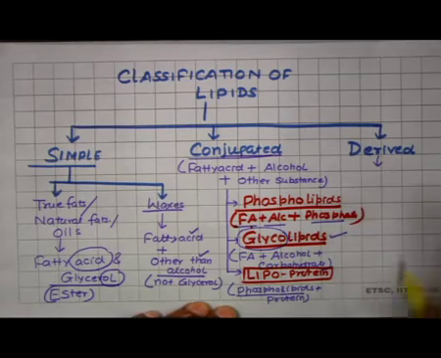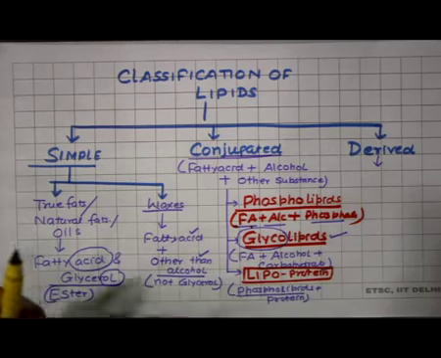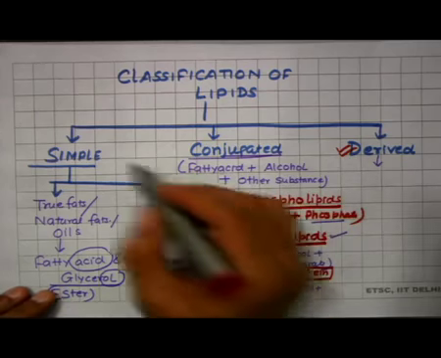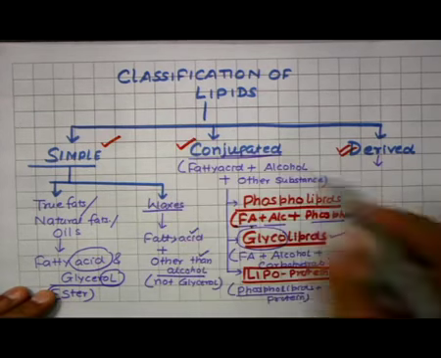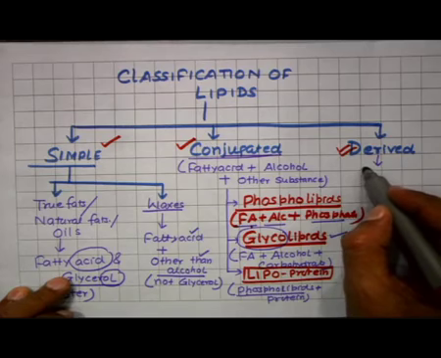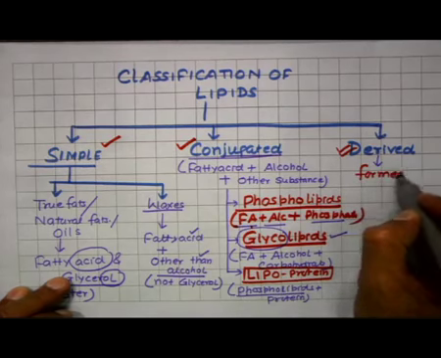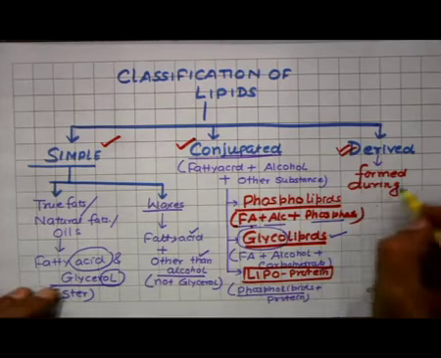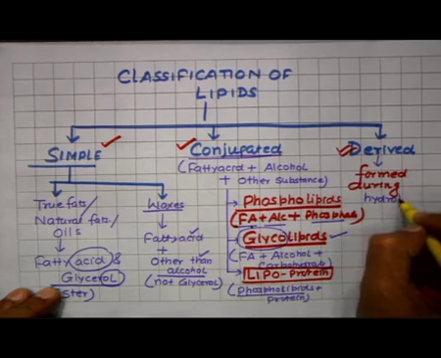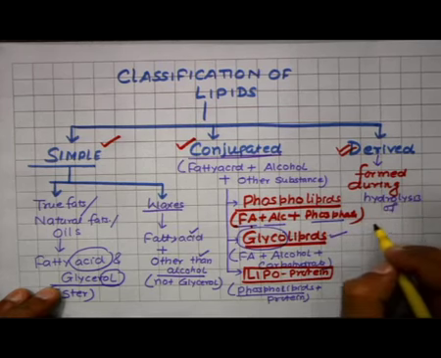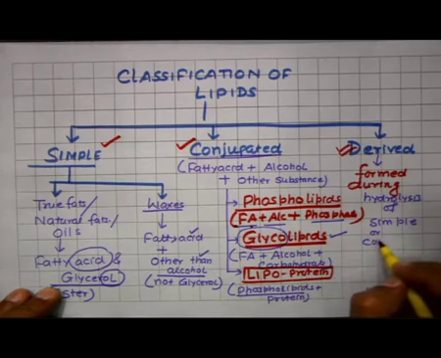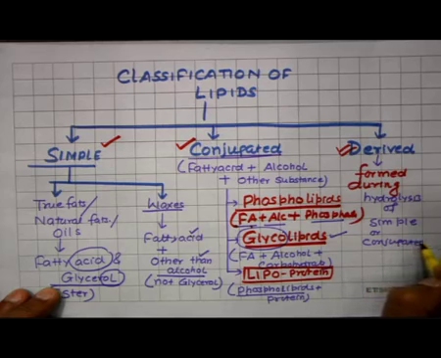Now, the third form is the derived form. As the name indicates, it is the derivative form of simple and conjugated lipids. So we can easily define it as formed during hydrolysis of simple or conjugated lipids.